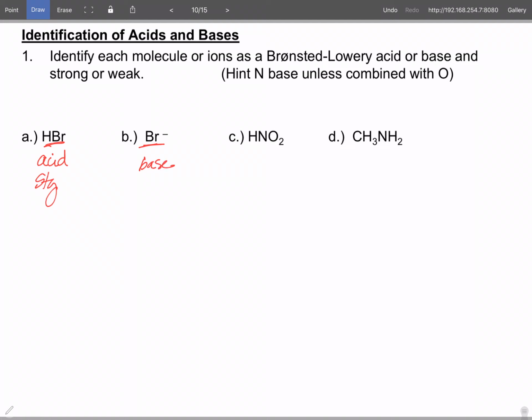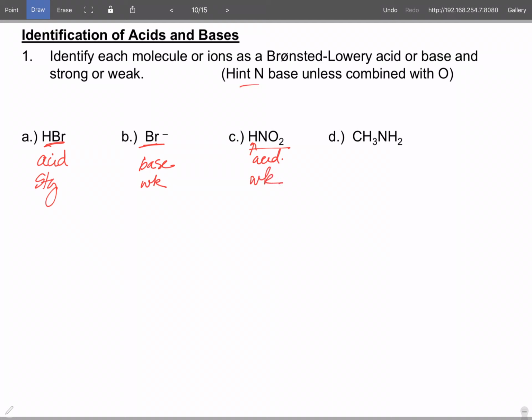All right? And it's not anywhere on the list, so it's going to be a weak base. This is HNO2, so it's an acid because it's got this proton to donate. But it's NO2, so this is nitrous, not nitric, so this is a weak acid.